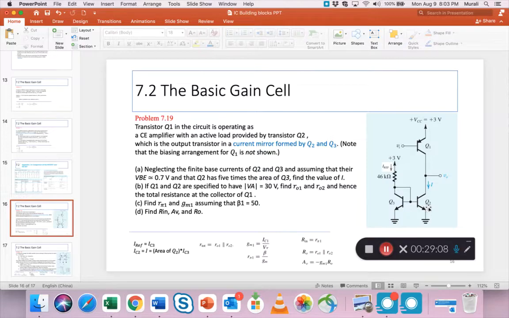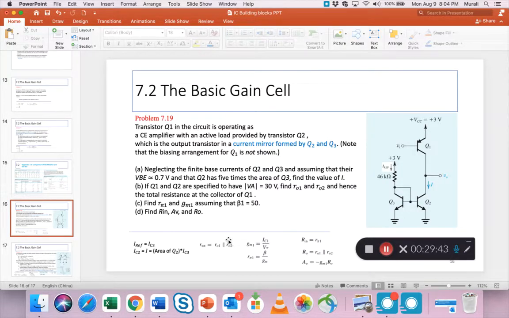We are told that Q2 has 5 times the area of Q3. Hence, we use this relationship that the collector current here in transistor 2, which is also the reference current we use for this whole business, is area times IC3. Okay, so this is an important relationship. We may have studied it in the past, but definitely it's important to know this here.